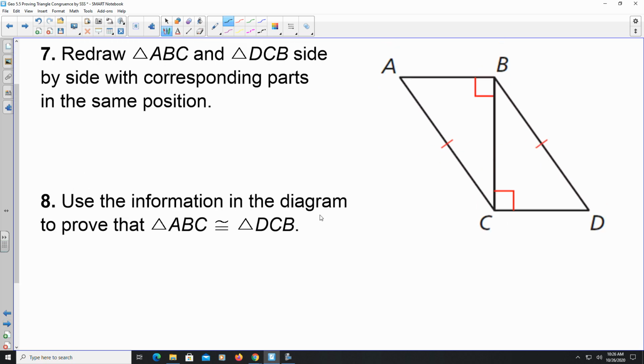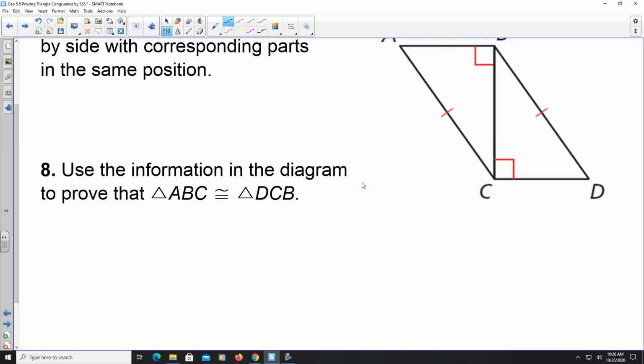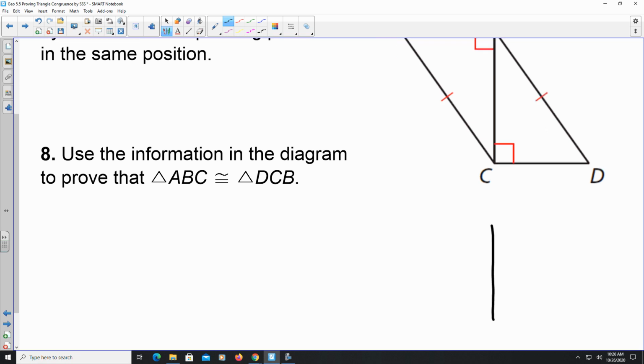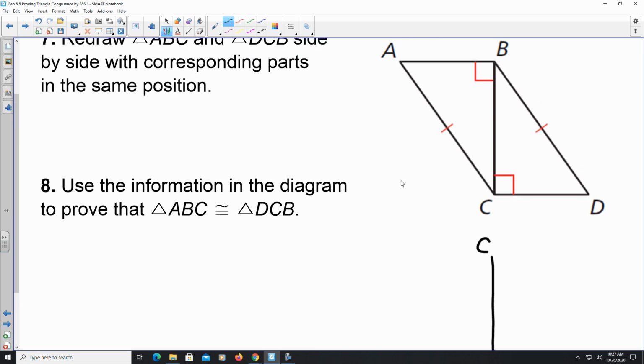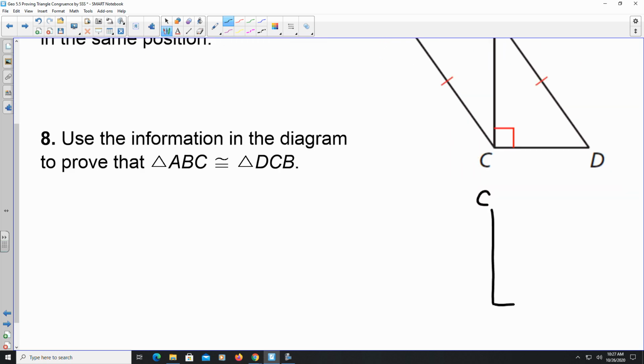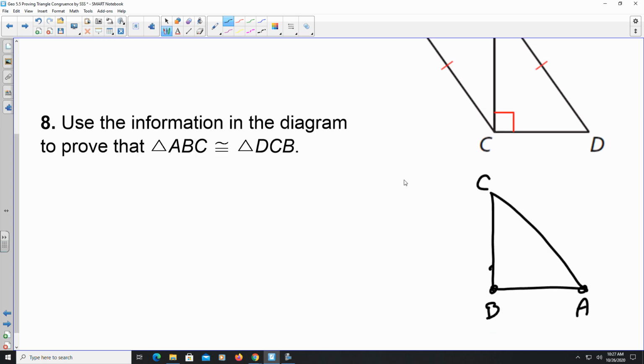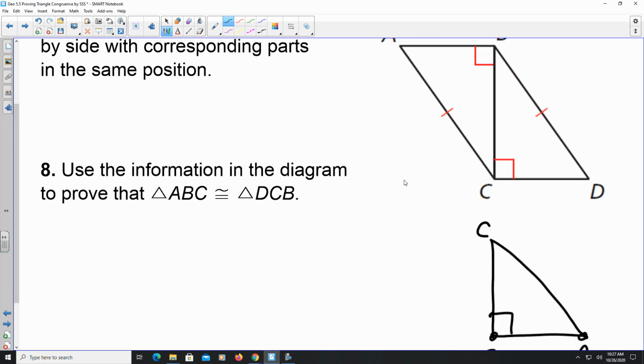So I'll try to draw it: C is right here, here's A, and that's B, and this was 90 degrees, so that's what we have here.